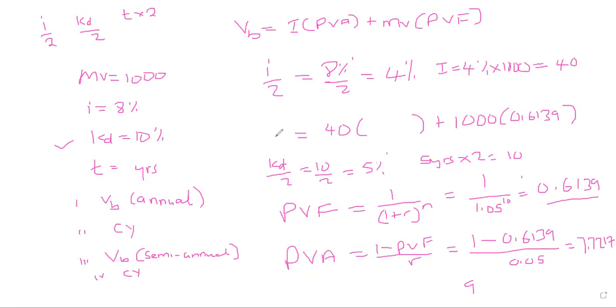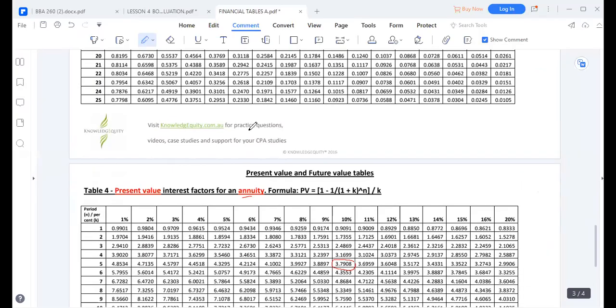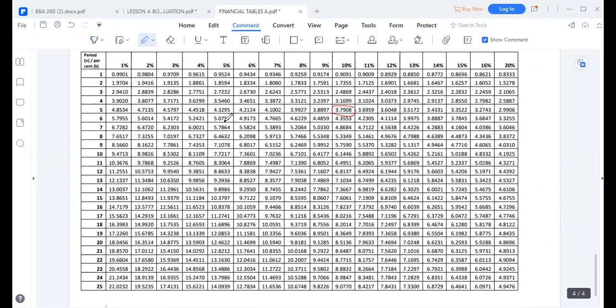So let's go here. Present value annuity, 5% and at 10. So 7.7217. Is it the same?